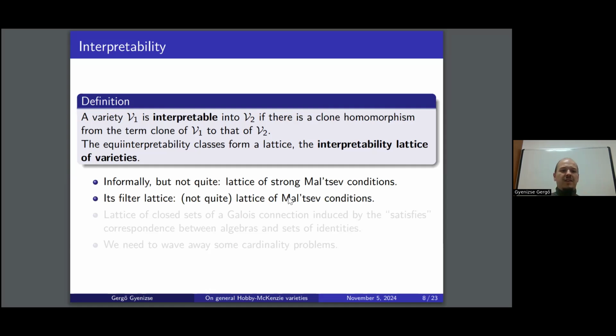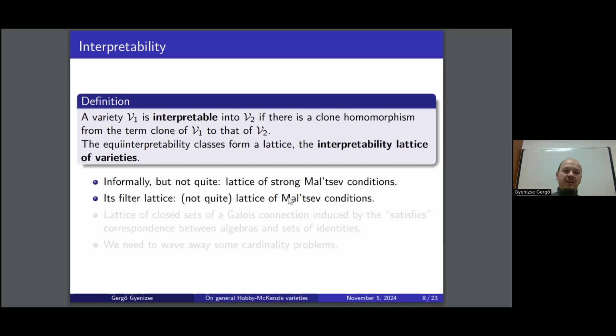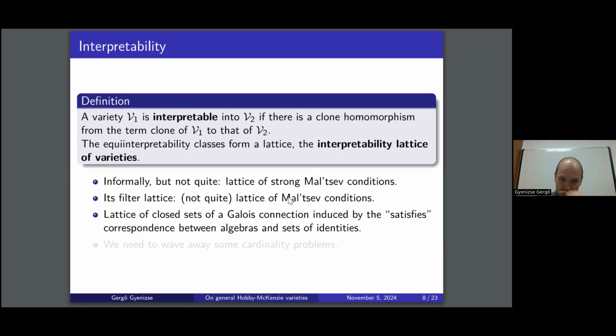And it's not hard to see that this is a lattice, because this can be obtained as the lattice of closed sets of a Galois connection between algebras and sets of identities. So we take the correspondence between algebras and sets of identities, where the algebra satisfies that set. This will result in a Galois connection, and the lattice of closed sets will be this lattice.